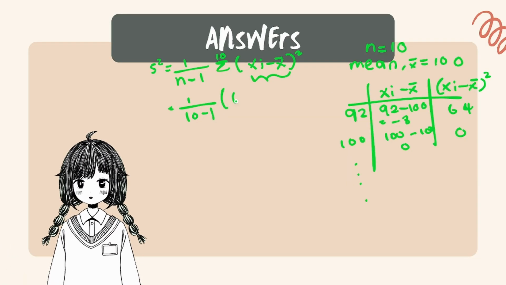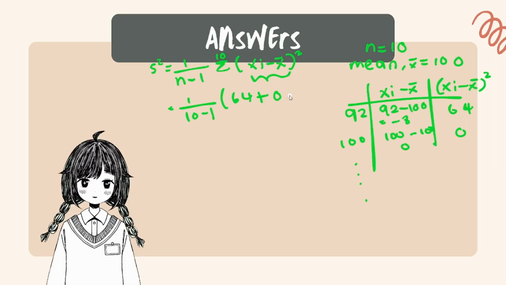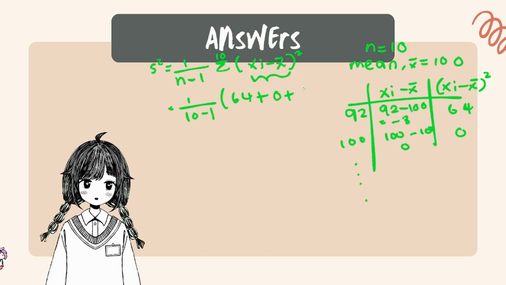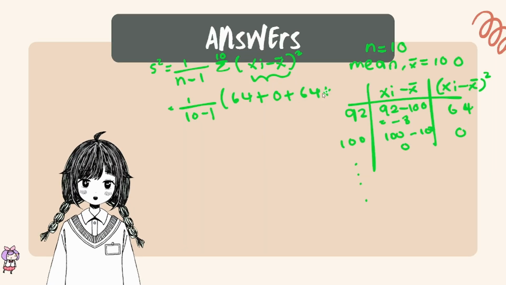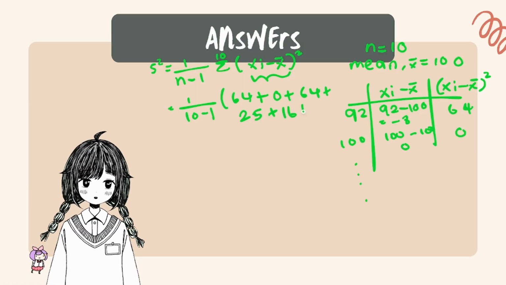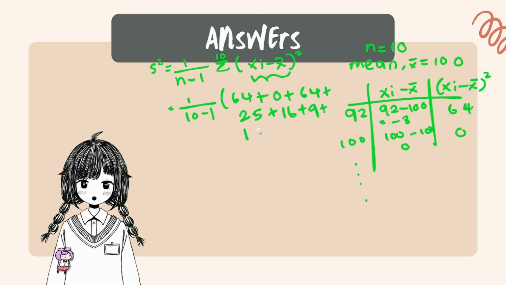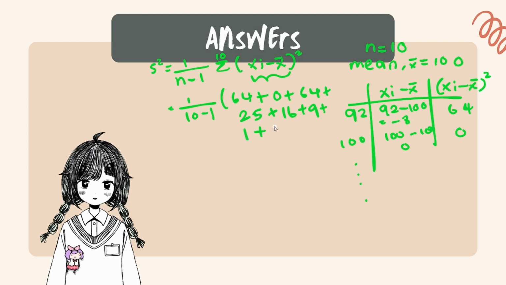So here 64 plus 4 plus 4 plus 25 plus 16 plus 9 plus 1 plus 1 plus 10.